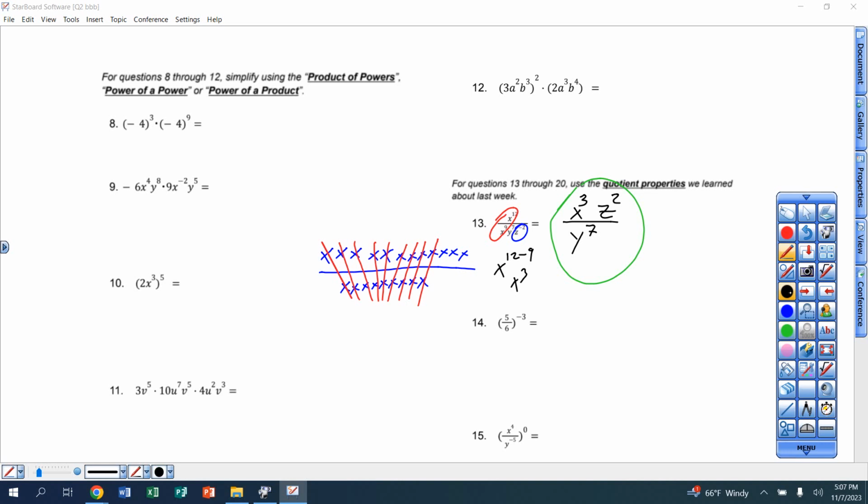I'm going to give you x to the 20th over x to the 12th, y to the third, z to the negative 4. Write down that first one first, because that gave us x to the third, z to the positive second on top, and y to the 7th on the bottom.